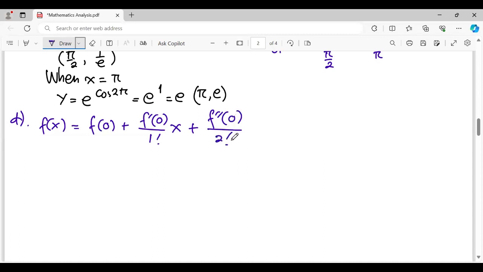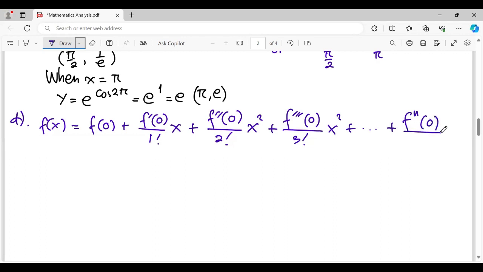The second derivative over 2 factorial times x squared, and the third derivative at x equals 0 over 3 factorial times x cubed, and so on until the nth derivative, x being 0, over n factorial times x to the power n.